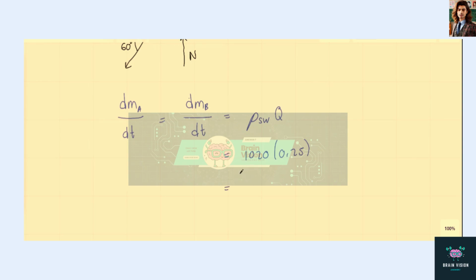And so we get the mass flow rate to be 225 kg per second.